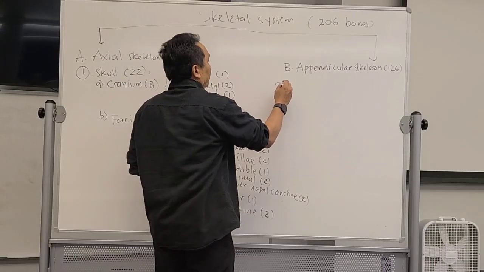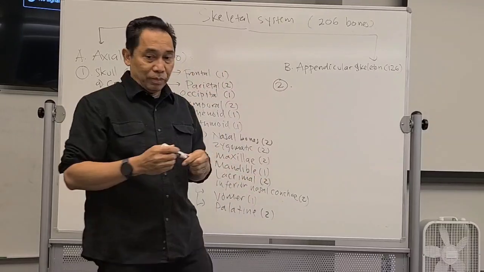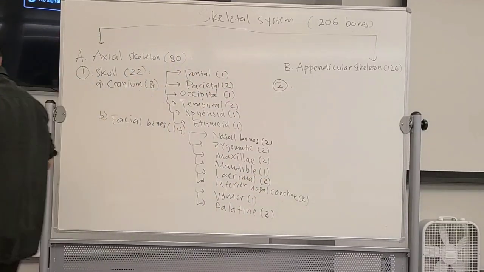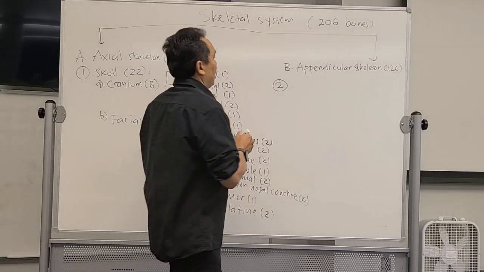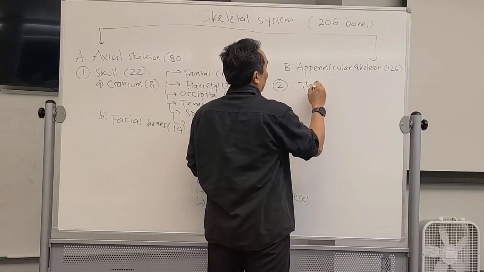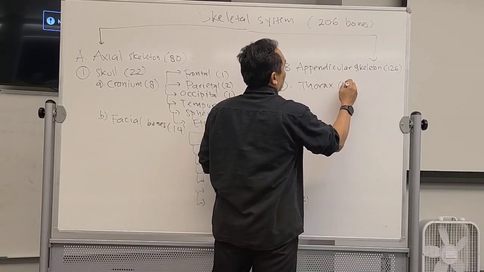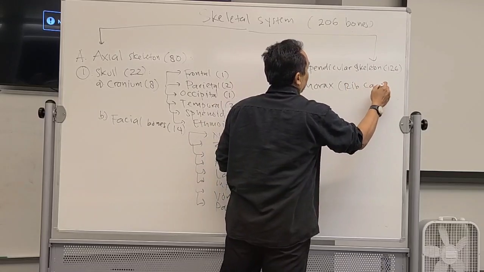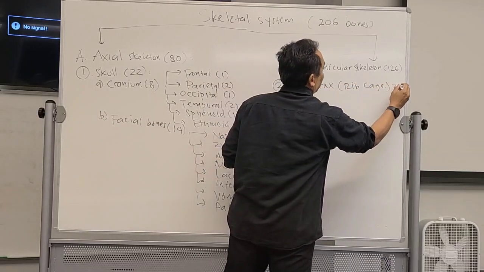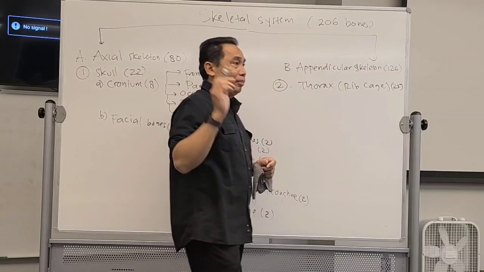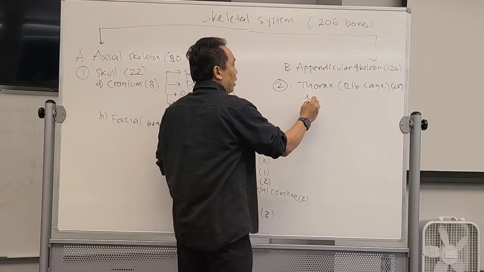Second group. What's the second group? Your rib cage. Okay, rib cage over here. Thorax or rib cage. How many bones? 25 bones. Okay, start with the middle one.